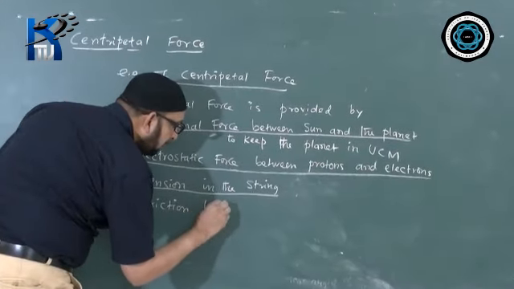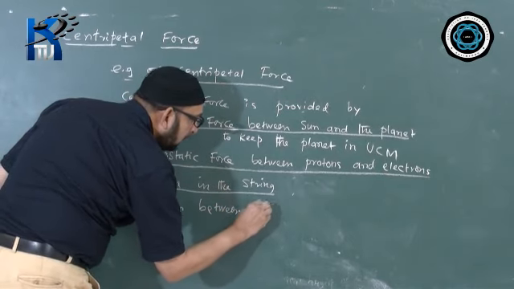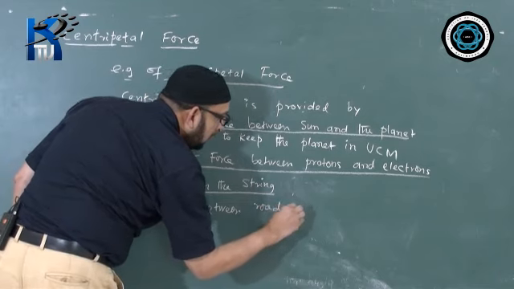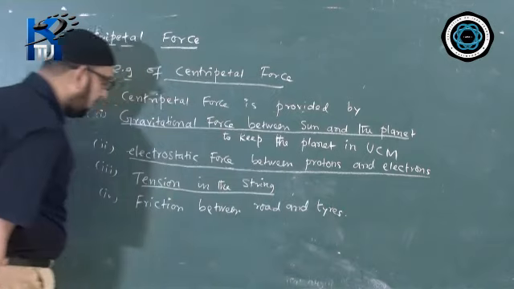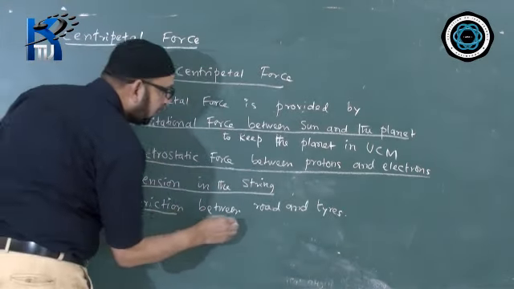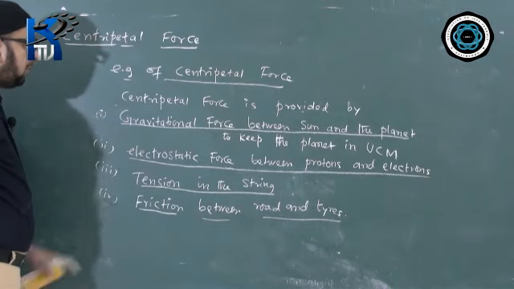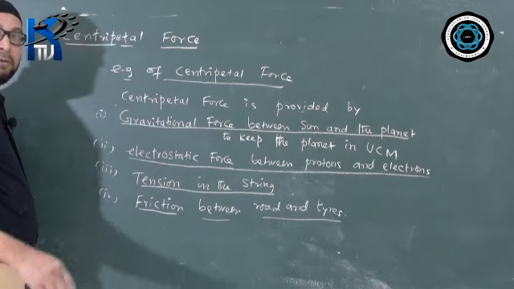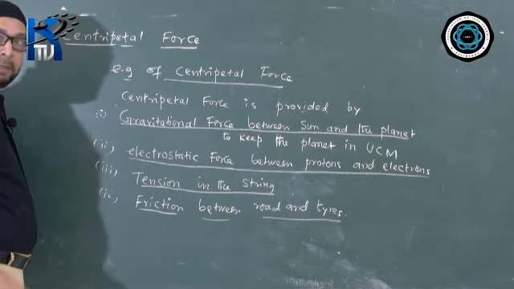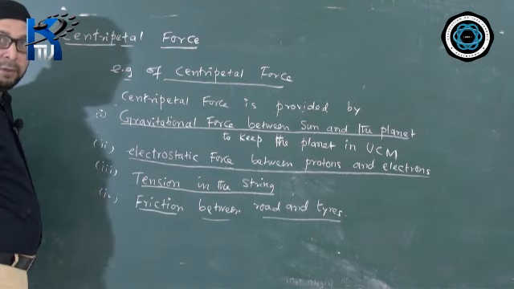Friction between road and tires in case of a vehicle provides the necessary centripetal force. So, a question may come, what provides centripetal force in the following cases? In case of satellites revolving around the planet, what provides the centripetal force? There again we say gravitational force provides the necessary centripetal force.